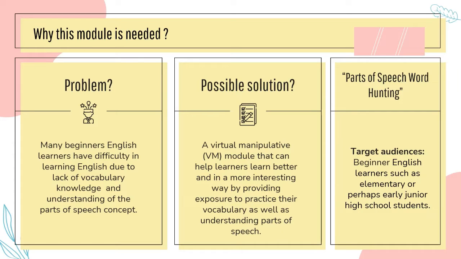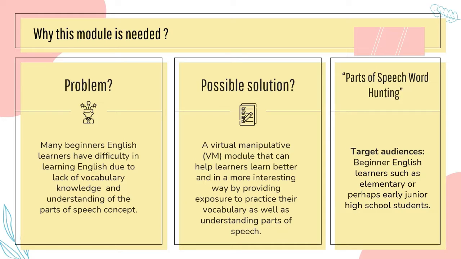From this issue, I think that we need a solution, such as a tool or a learning object that can help the learners learn better in a more interesting way by providing exposure to practice their vocabulary as well as to help them understand the part-of-speech concept.